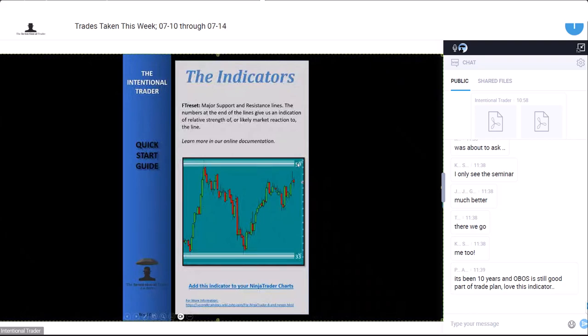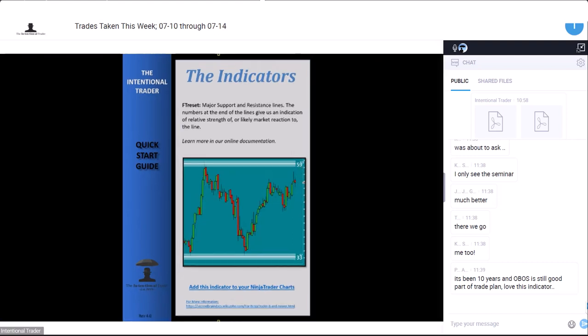So if this number is relatively high, like over 120, if price approaches it this way, we can anticipate that price is going to bounce off of it at least a little. Doesn't mean we're always going to get a full-on reversal, but there will be a reaction to it.